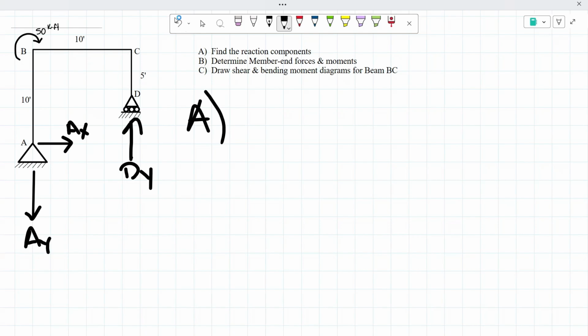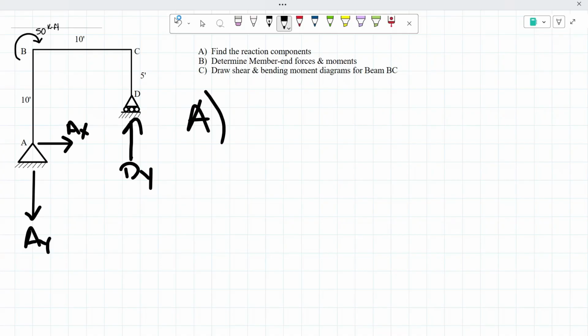In the beginning, we're just going to assume the direction that it's going. So for vertical forces, you could assume upward or downward. For horizontal forces, you could assume right or left. It doesn't matter, because in the end, once you solve for them, you'll be able to tell in which direction they're actually going.